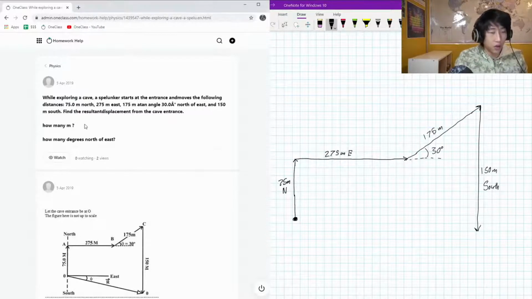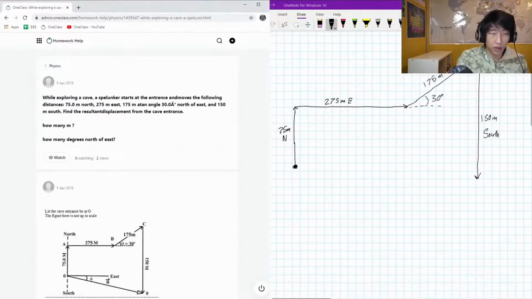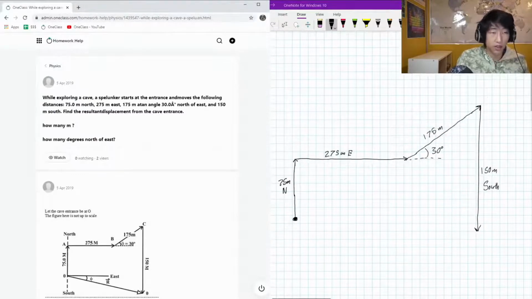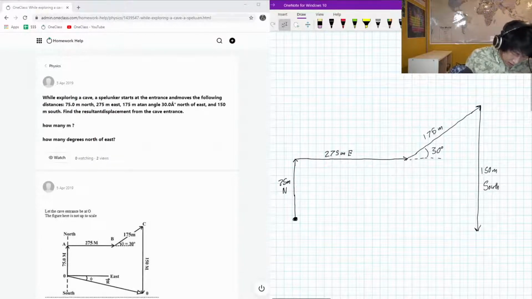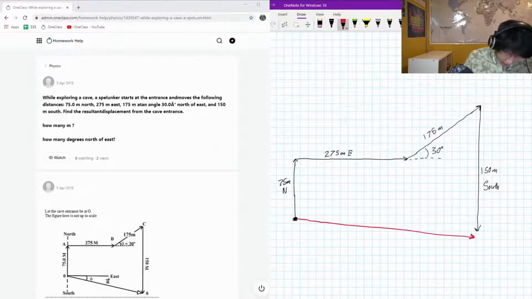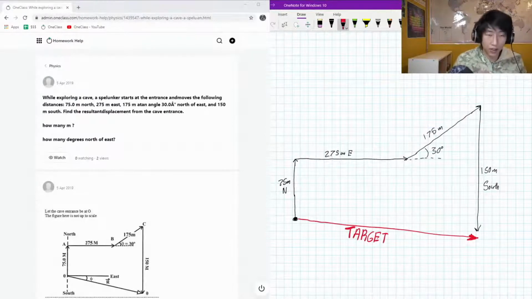Okay, so our first thing that we're going to try to find here, to draw this more precisely, is like this. We are looking for this little angle, or this vector right here. This is our target. We are looking for its magnitude as well as its angle.